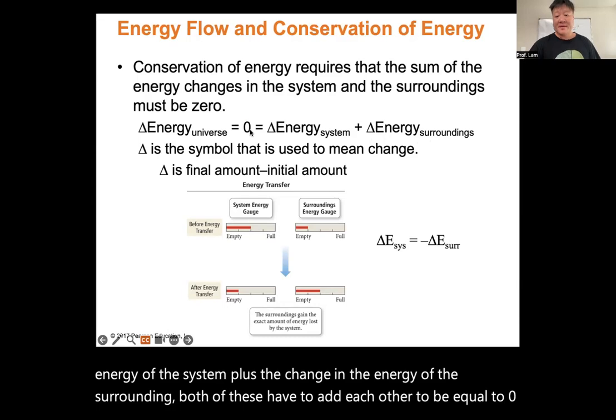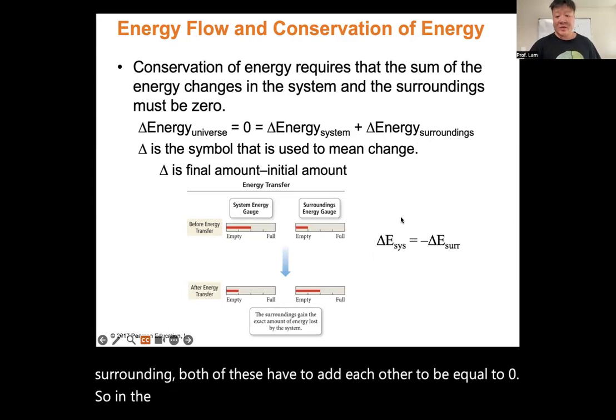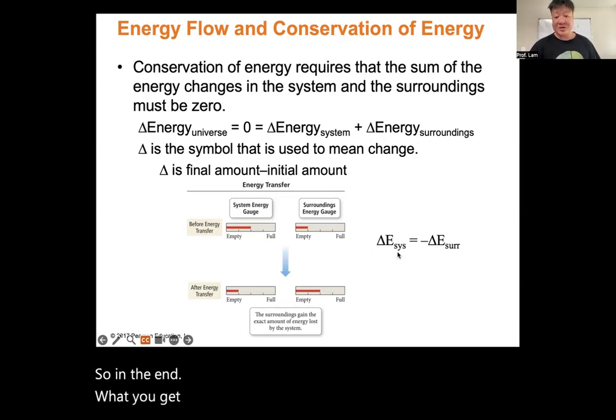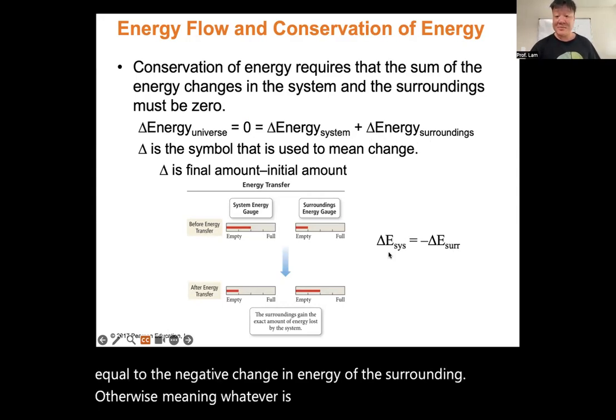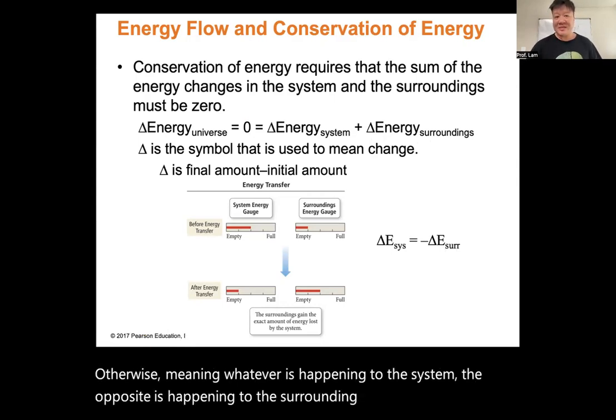So in the end, the change in energy of the system must be equal to the negative change in energy of the surrounding. Meaning whatever is happening to the system, the opposite is happening to the surrounding. So pretty easy concept there.